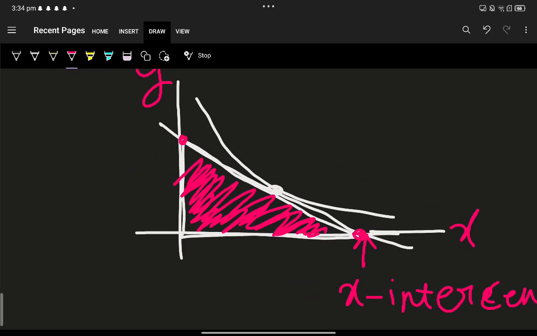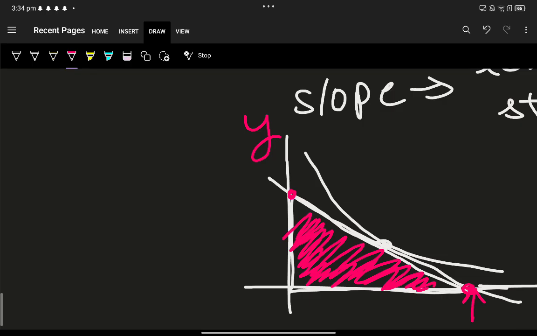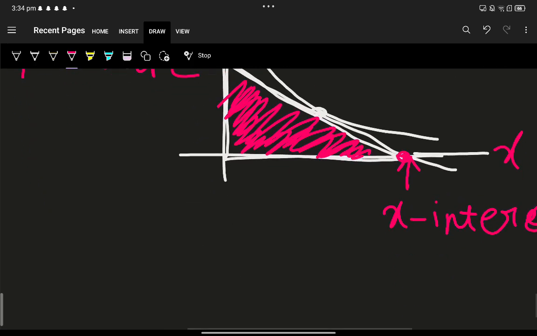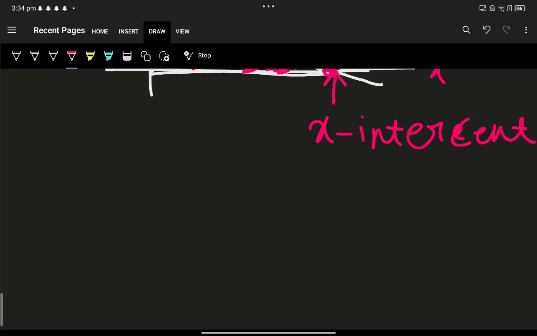And when the tangent line intersects with the y-axis, this point is called the y-intercept. To find the area, our task is to find the x-intercept and the y-intercept. And how are we going to find it? That is the main question.